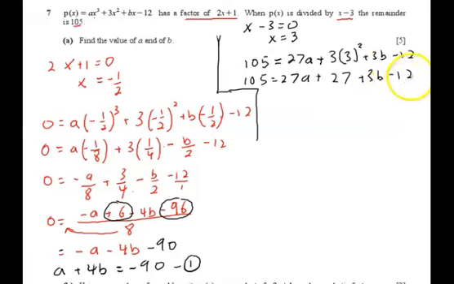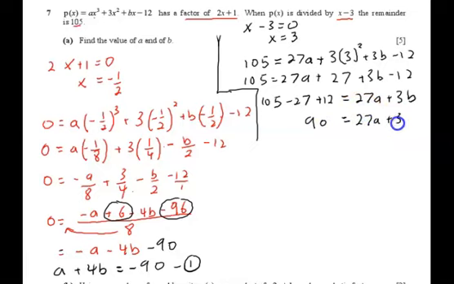Okay, we move all the numbers to the opposite side. It will become 105 minus 27 plus 12 equals 27a plus 3b. Let us do the calculation here. You will be getting 105 minus 27 plus 12, which is 90, and here is 27a plus 3b.